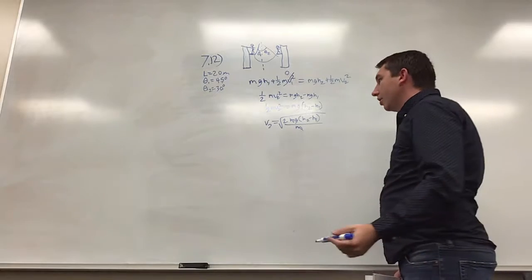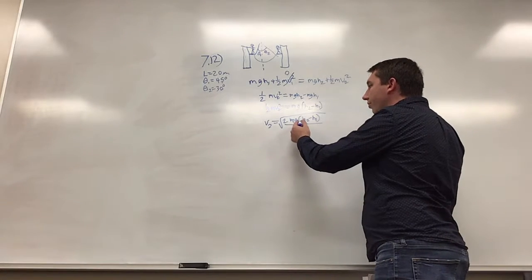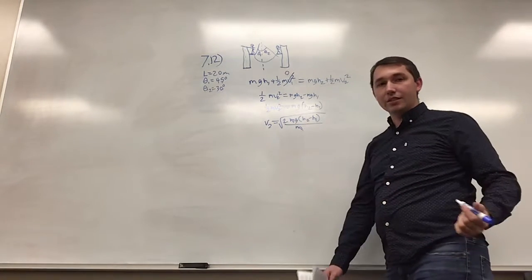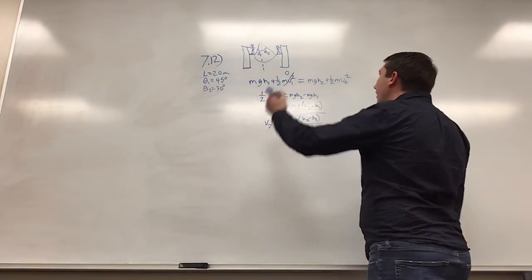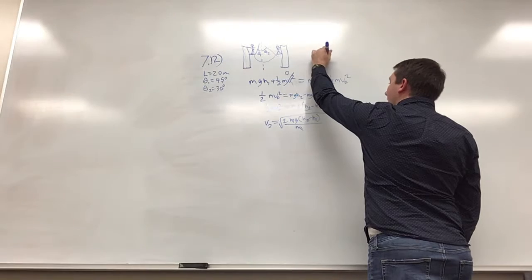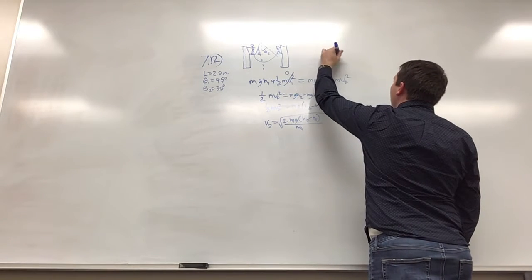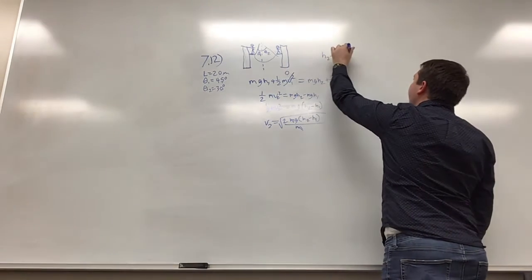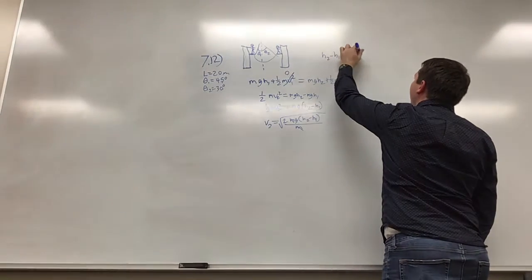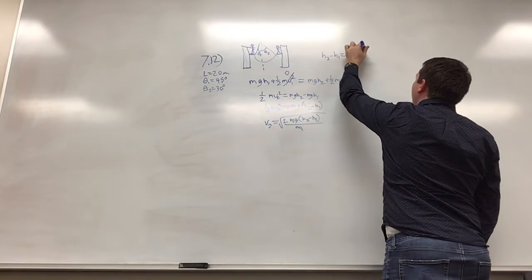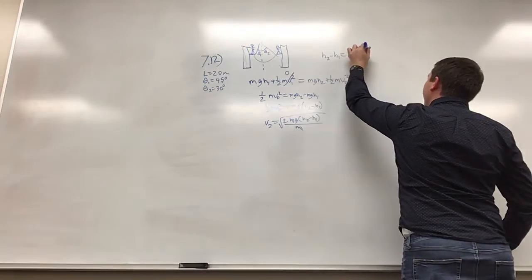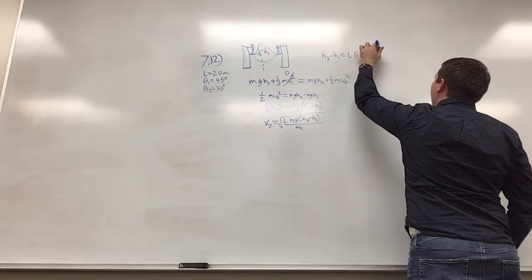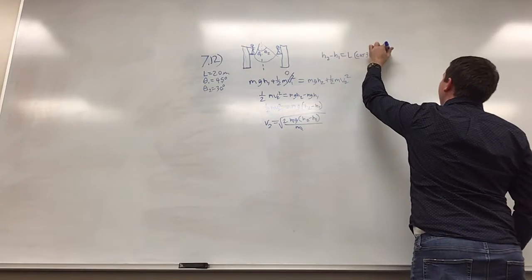So the main thing we need to find is the difference in heights. But we know that height 2 minus height 1, using geometry, is going to be equal to the length of the vine times cosine of 30 degrees minus cosine 45 degrees.